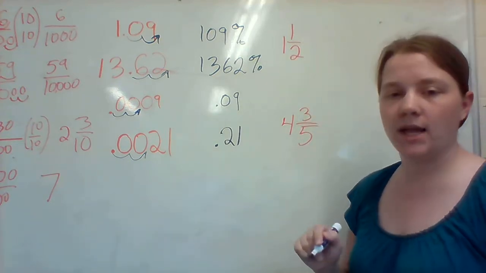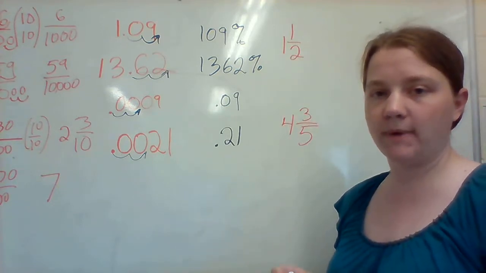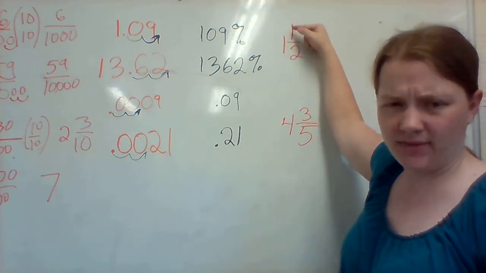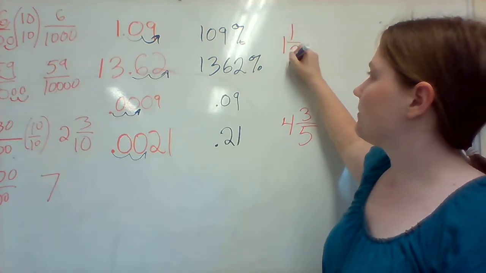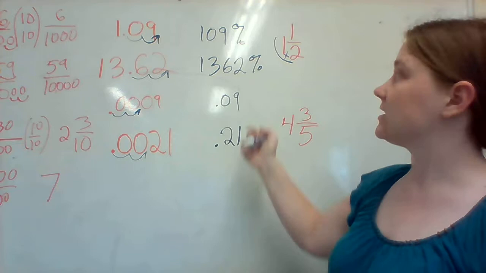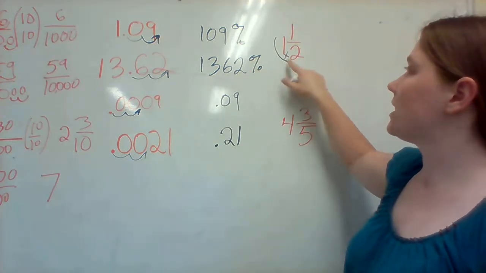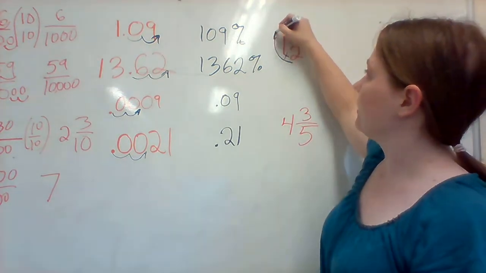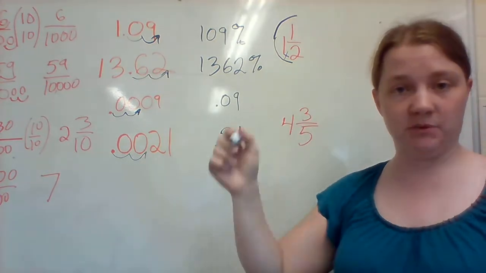For 1 and 1/2, I know that in this fraction, 2 parts make a whole. And I already have 1 whole, and then I've got 1 extra piece on top that doesn't quite fit in. So I'm going to take my 2 and multiply it by 1, because I have 1 whole and it takes 2 parts to make a whole. 2 times 1 is 2, because we're all paying attention.